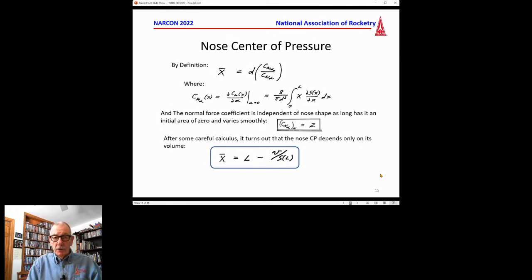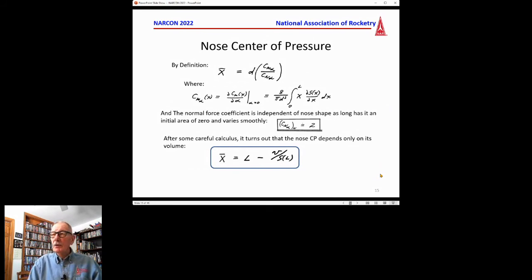X bar, of course, if you look at the top equation, is the center of pressure from the nose tip, and that is essentially the d, or the distance, and ultimately it becomes the diameter of the rocket, because we just use that as a reference number, times the Cm alpha, that is the non-dimensional aerodynamic moment, divided by the non-dimensional aerodynamic force.